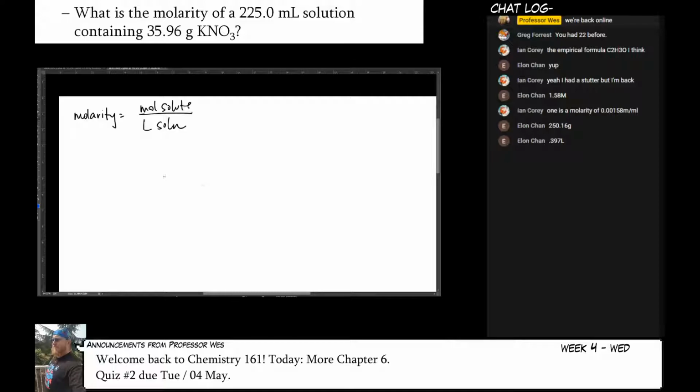All right, so we know the volume. It's 225 milliliters, but we're going to need to turn that into liters, because that's what it says here. To get the moles of solute, I'm going to need to have this number. I turn that into moles, so let's do that first.